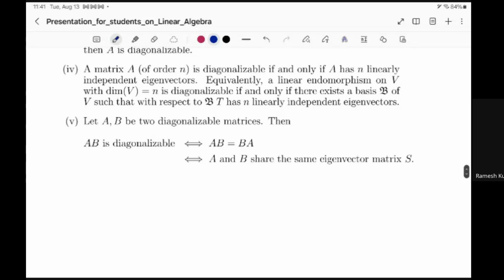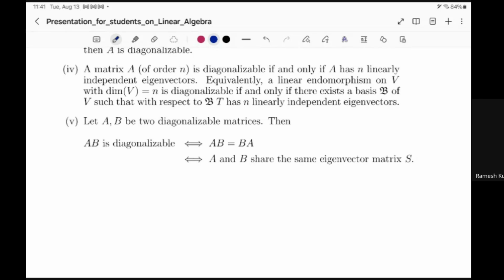Let's say A and B are two diagonalizable matrices of the same order, say n. Then AB is going to be diagonalizable if and only if AB is equal to BA. In other words, A and B commute on the product. And that is the same thing as saying that A and B share the same eigenvector matrix S.